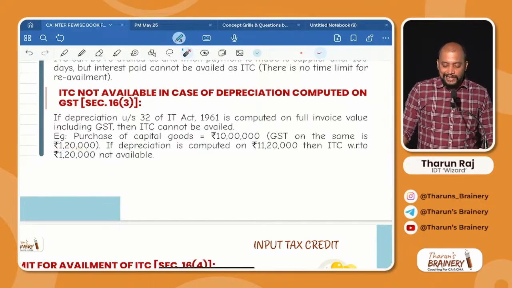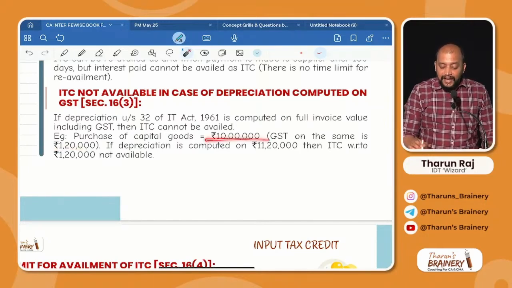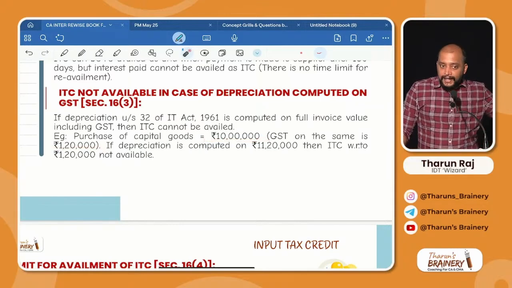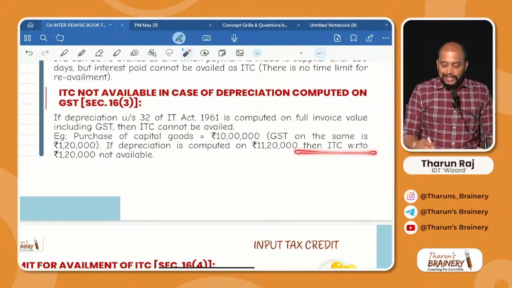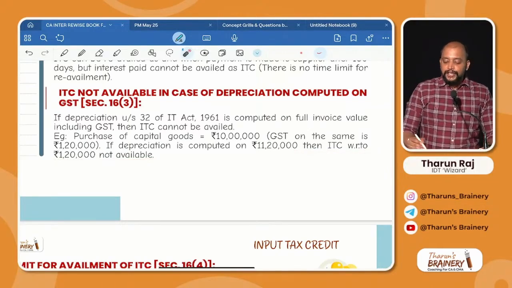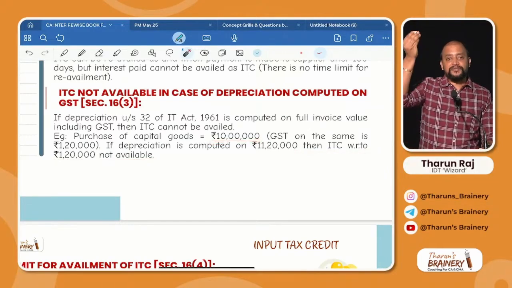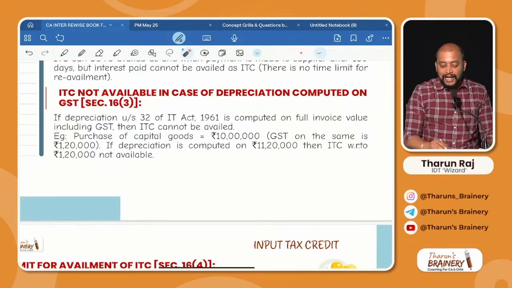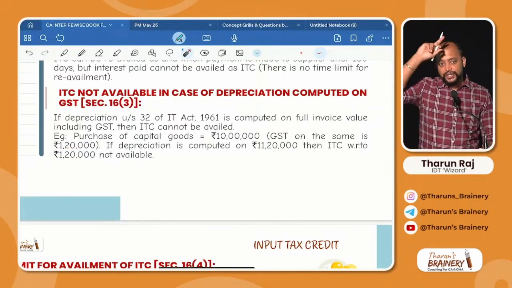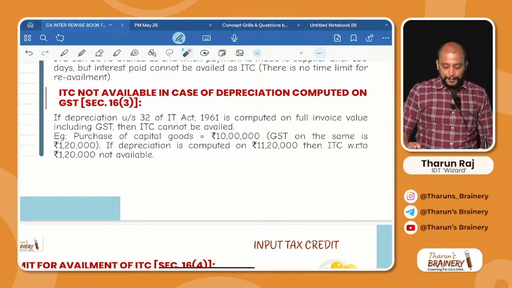If depreciation is computed on 11,20,000 under income tax, already you are enjoying the income tax benefit, so you will not get ITC. Then ITC with respect to 1,20,000 is not available. Suppose you add only 10 lakhs to the block of assets, then you can take 1,20,000 as ITC. This common point is there even in section 32 of the Income Tax Act also.